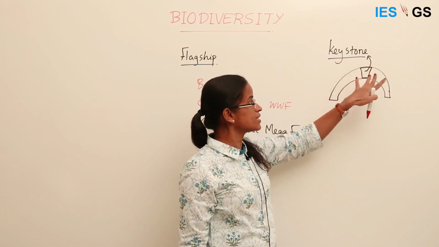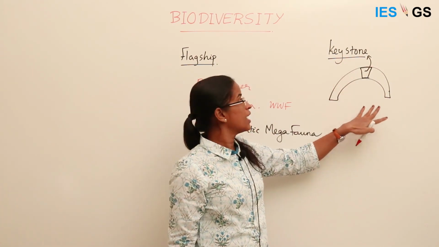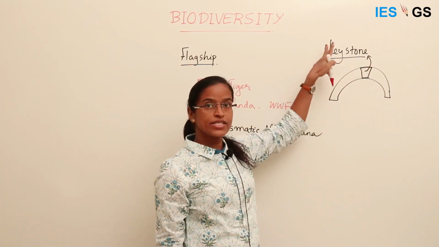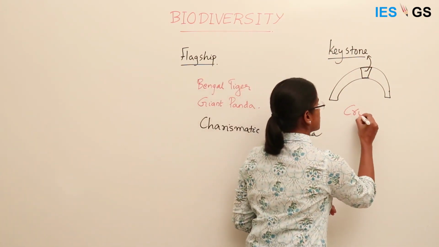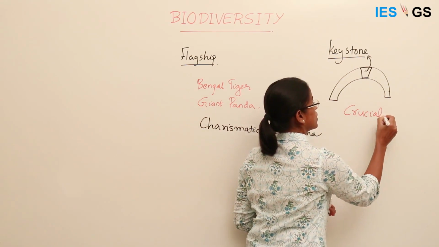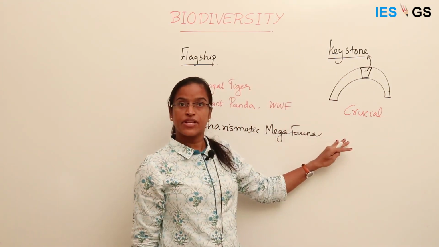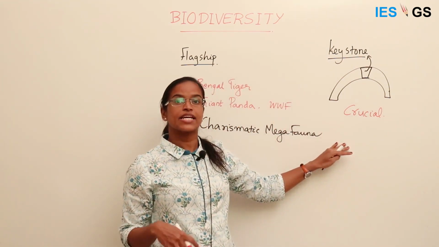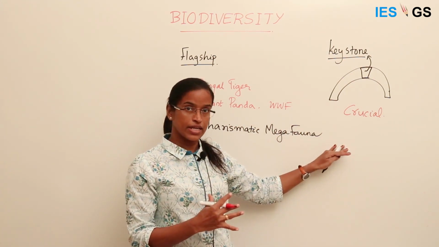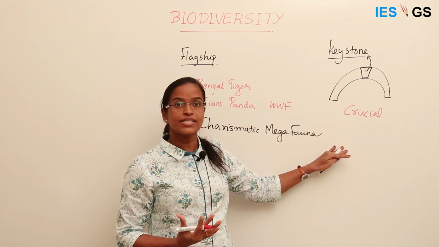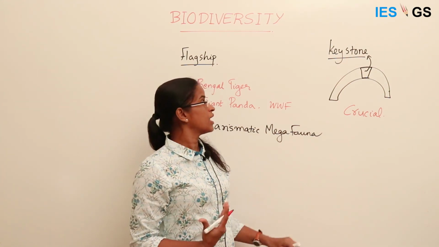That is, the stone is supporting the whole structure. In the same sense, the keystone species plays a crucial role in the ecosystem. Their numbers will be less, but irrespective of their population in their particular ecosystem, their role is significantly high.